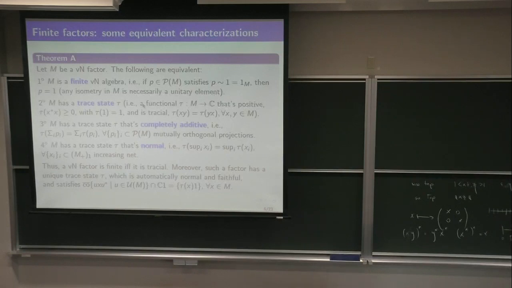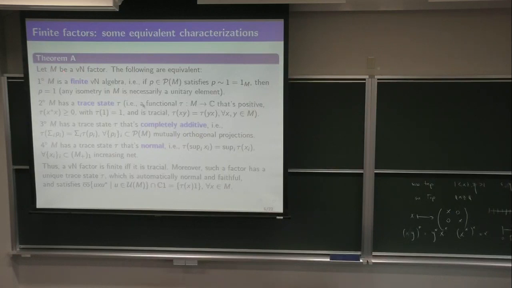At some point he started to work with his postdoc, Francis Murray, and that collaboration started in 1936, and then there was a sequence of papers called Rings of Operators, and this, I guess, is in Rings of Operators II, from 1939, I believe.